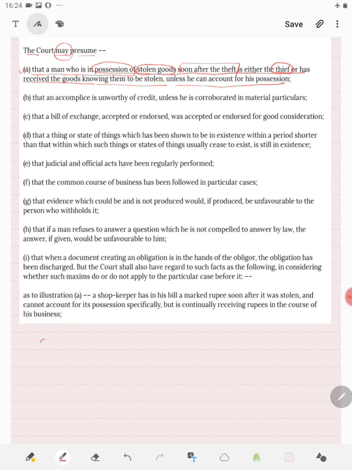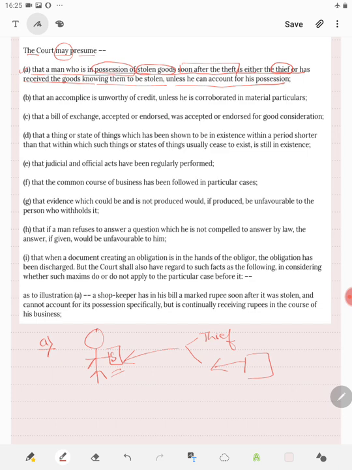So illustration A says that suppose this is a person and he has with him certain goods which are stolen. In case he can account for its possession, well and good. If he cannot account for his possession, the court may presume that either he is a thief who has actually taken the goods or has received them knowing them to be stolen.